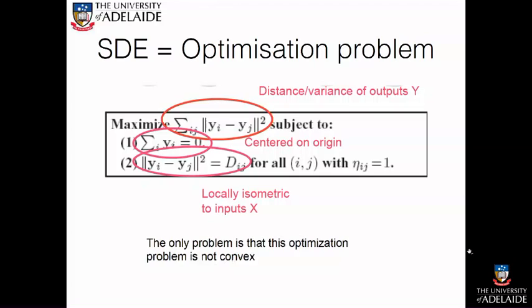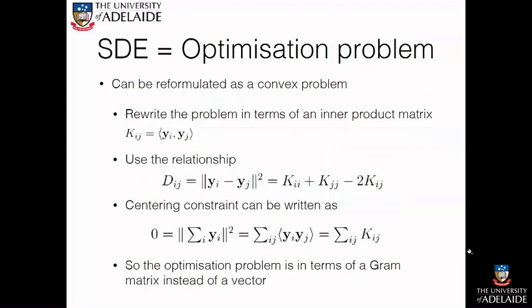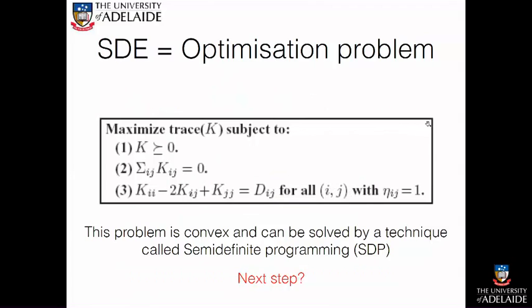This optimization problem is not convex. And somehow we can reformulate it as a convex problem using this relationship. So if we introduce a new variable and rewrite the original problem, we get something like this. The optimization problem is now converted into a convex optimization problem.